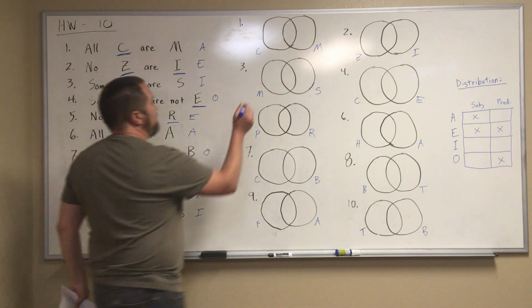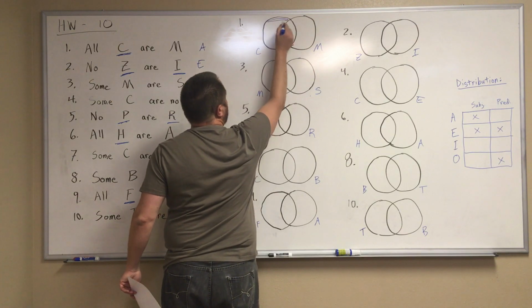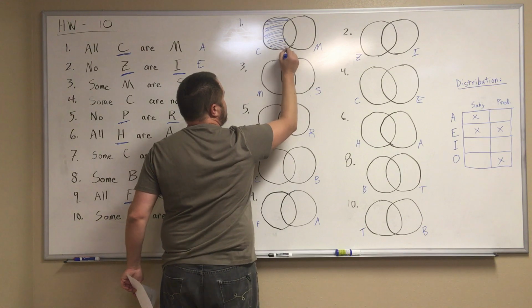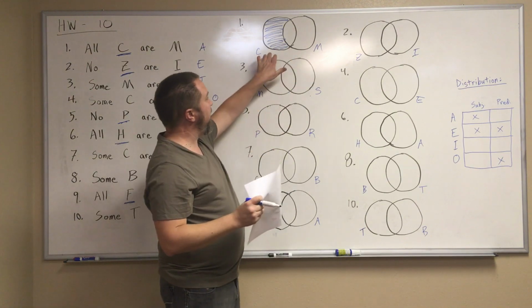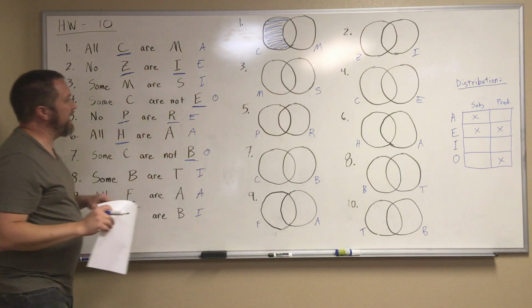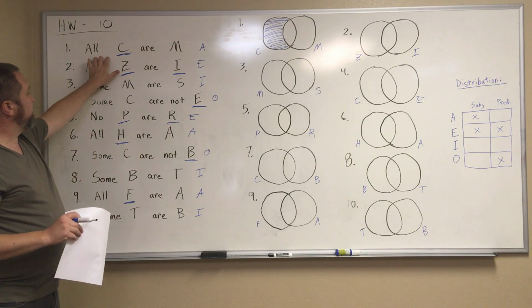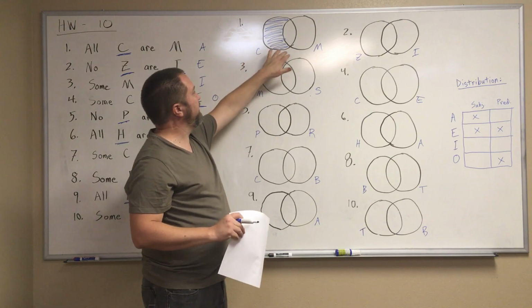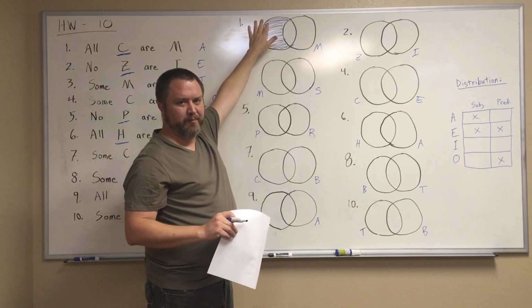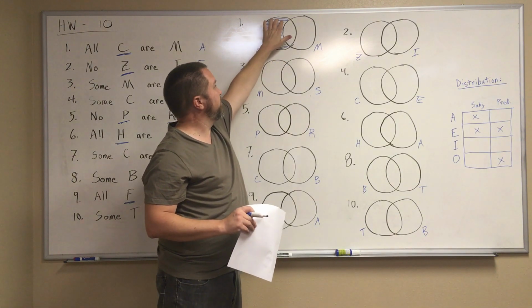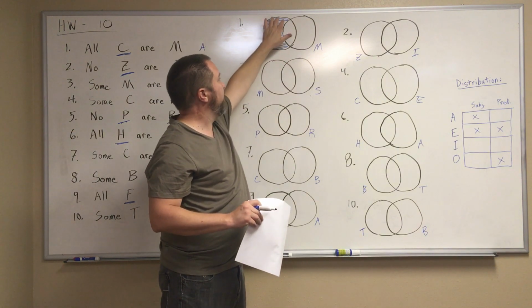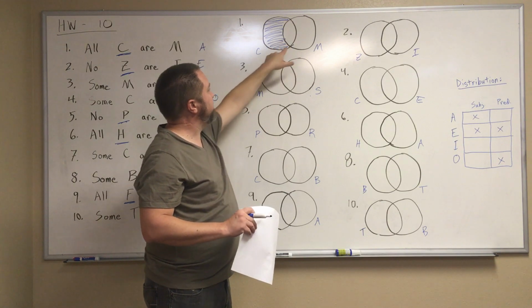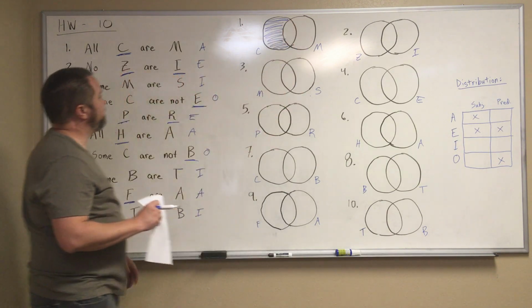All C are M, so we are eliminating any possibility that there exists a C that is not part of the M category. That's what this is saying. The shading represents elimination. So we're saying there's no possibility of any member in this area here, because for it to be a C, it also has to be an M.